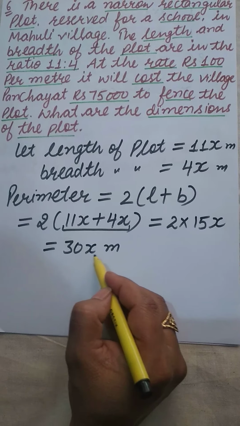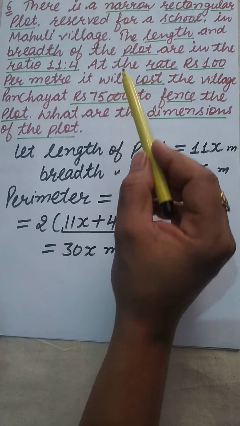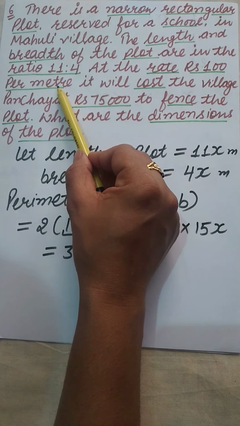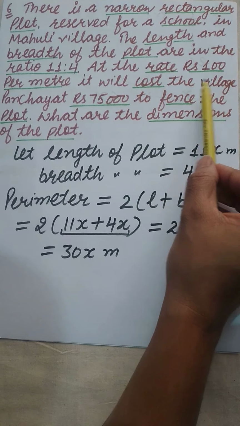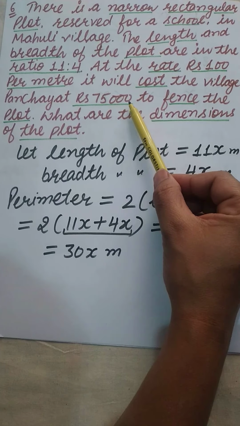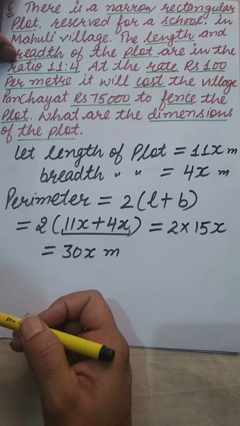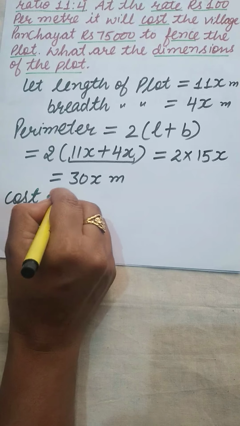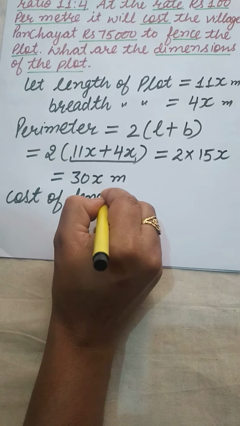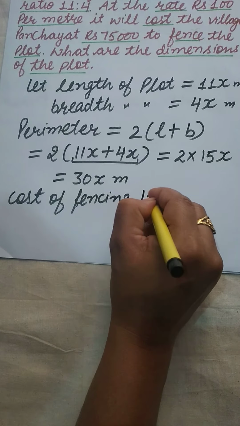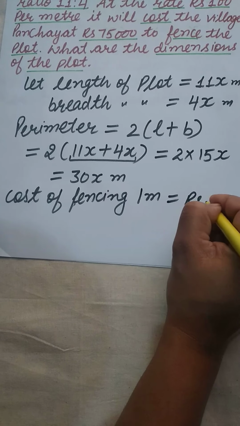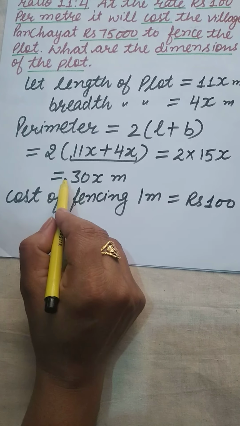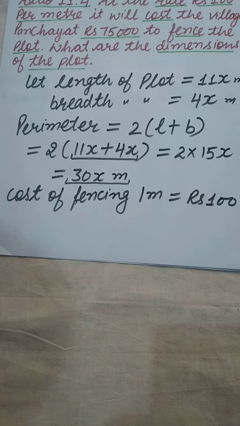So the perimeter is 30x meter. Now at the rate of rupees 100 per meter, it will cost the village panchayat rupees 75,000. So the cost of fencing 1 meter is equal to rupees 100. We are to fence 30x meters.